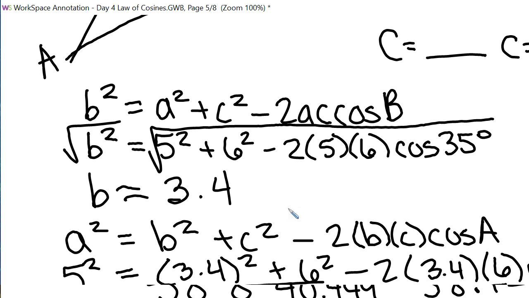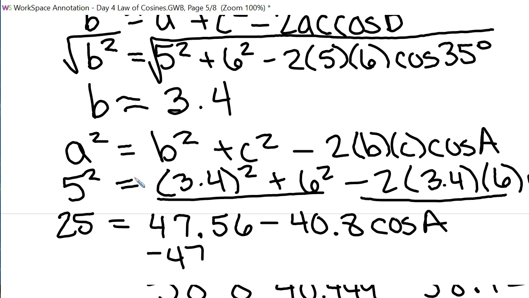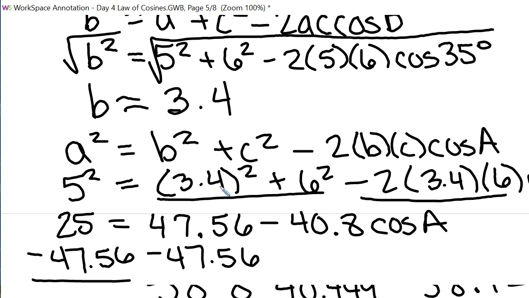Cosine of angle A. What's next? Subtract 47.56 from both sides. And what do we get? 25 minus 47.56.